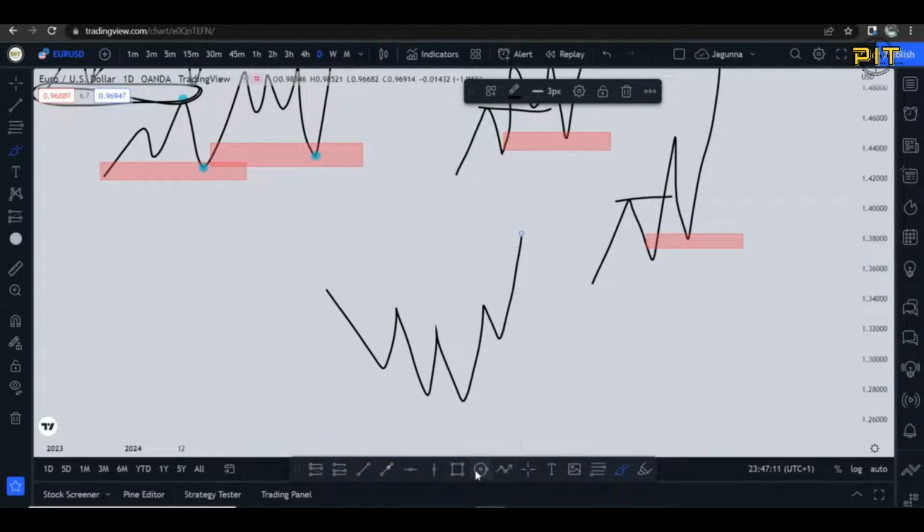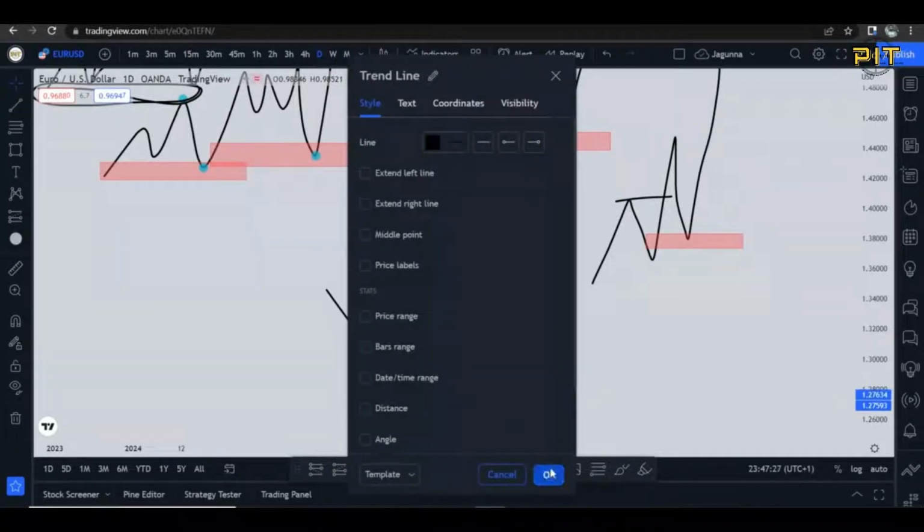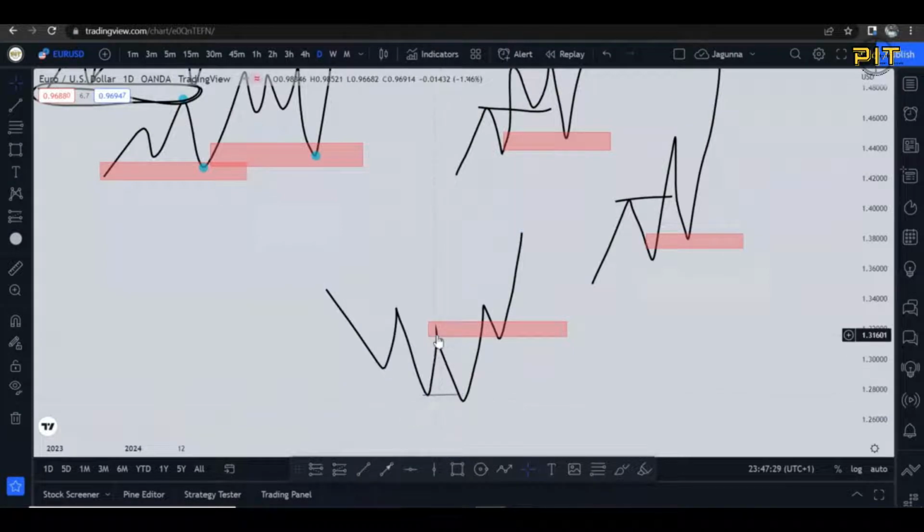Now your breaker block is here, because it is the candle that sponsored the move to the downside that raided this low, so your breaker block grabs liquidity.